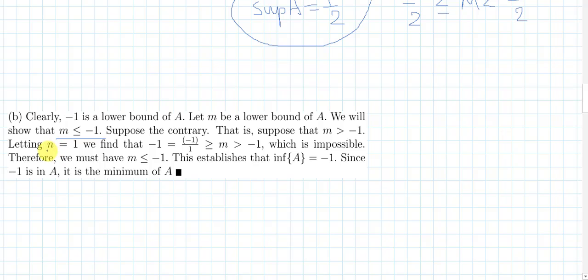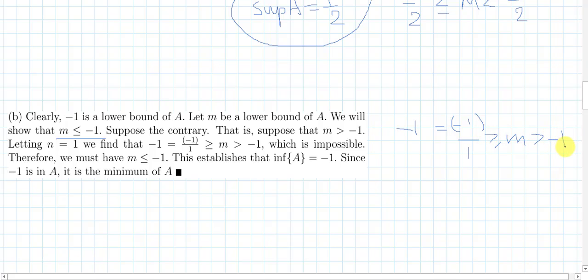And if we put n equal to 1, we have again -1 over 1, which is greater than m by our assumption, and which is greater than -1. So which is impossible again.